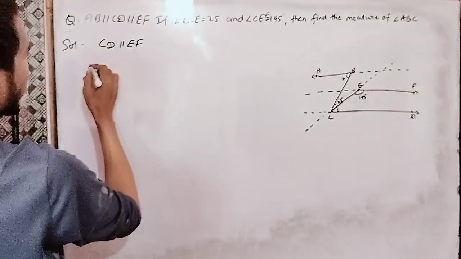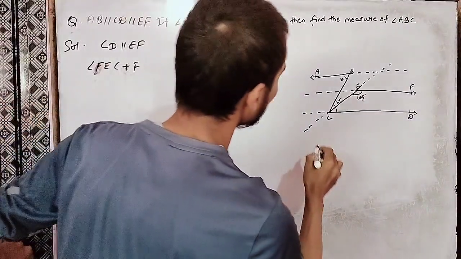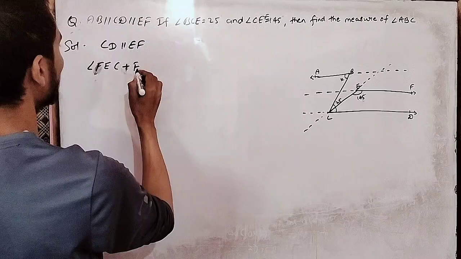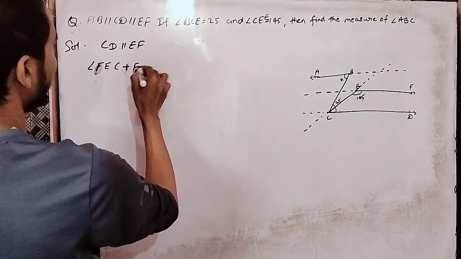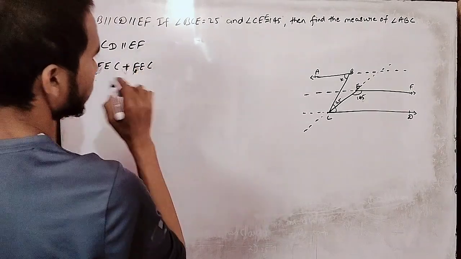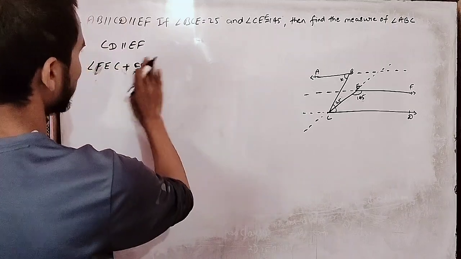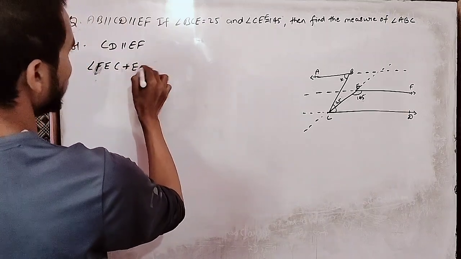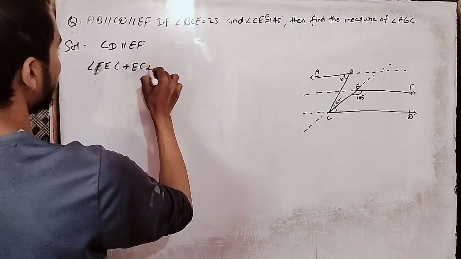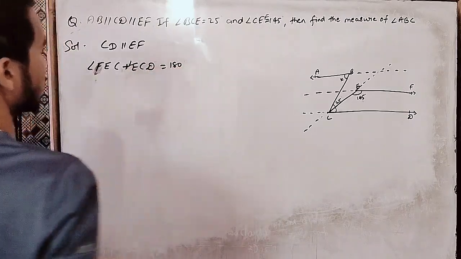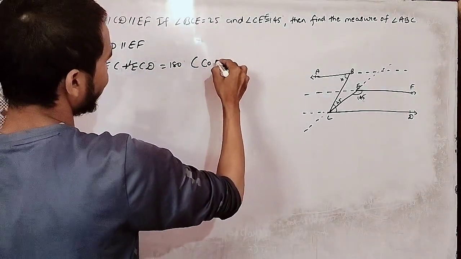145 already. So here angle ECD would be 35 because of co-interior angles.